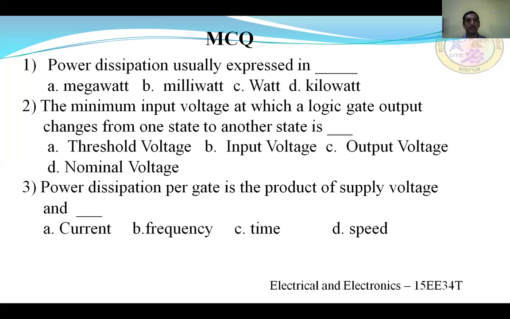This is the minimum input voltage at which a logic gate output changes from one state to another state. Question number 3: power dissipation per gate is the product of supply voltage and dash. The options are option A, current, option B, frequency, option C, time, and option D, speed. Which one is the right answer?